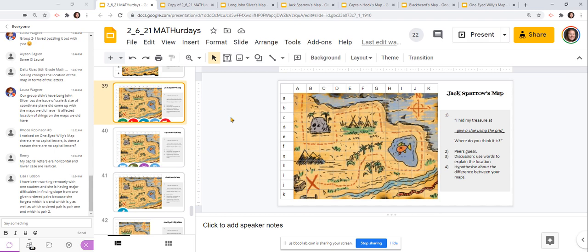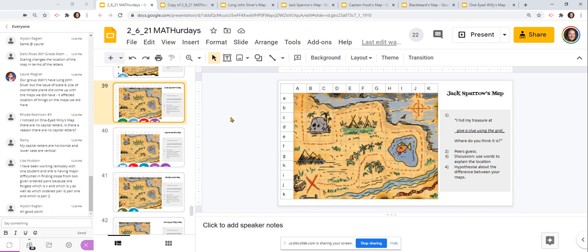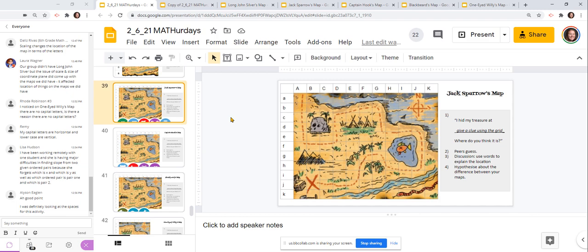When we plot points, are we putting it in the space between the numbers, or are we putting it at the intersection of those grid markings? And I know for me, when students start off with letters, they really want to put it in that open space as opposed to the actual intersection. So I really like the idea that the fish's tongue is in two different spaces so that we can have that conversation about how we say the coordinate of the tongue. Do we move these letters onto the lines, or do we keep them in the gaps?